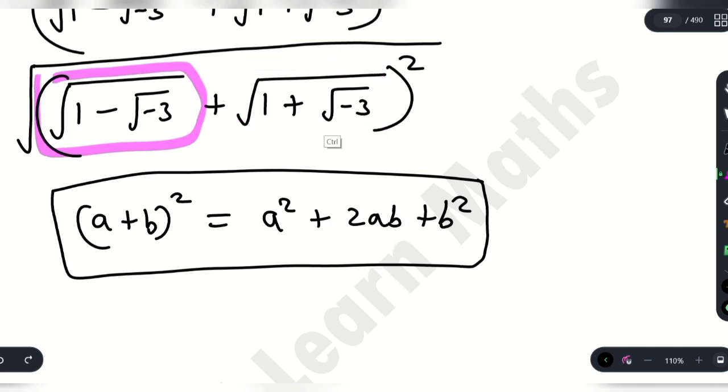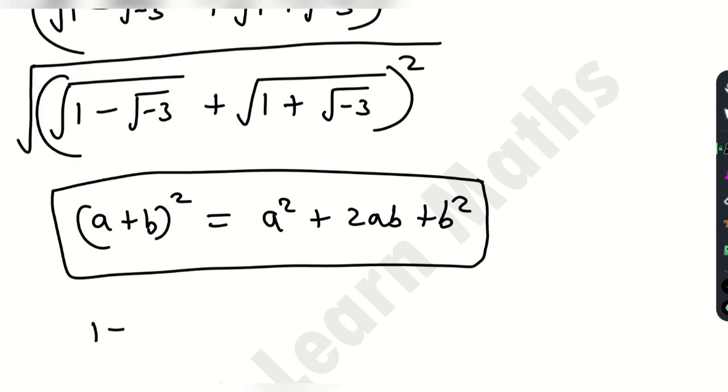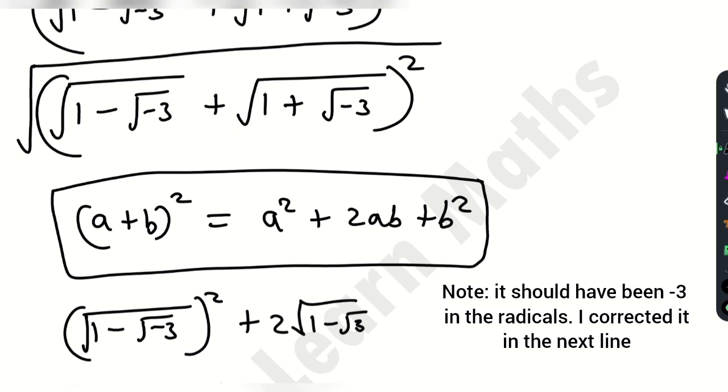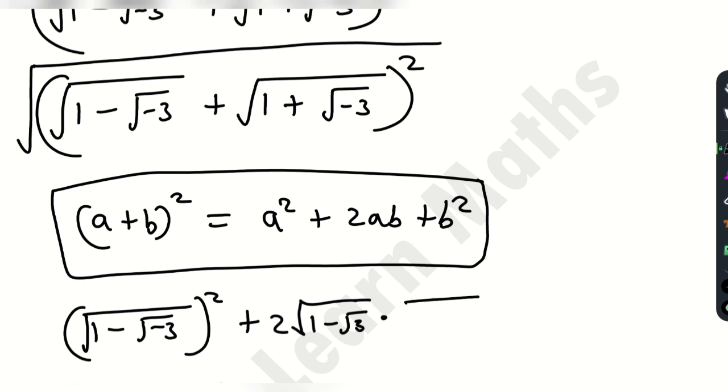Okay, let's do it now. It's going to be 1 minus the square root of negative 3, all square root, remember, all squared. Plus 2ab, so 2 times the two radical expressions: 2 times the square root of 1 minus root 3, times the square root of 1 plus root 3.